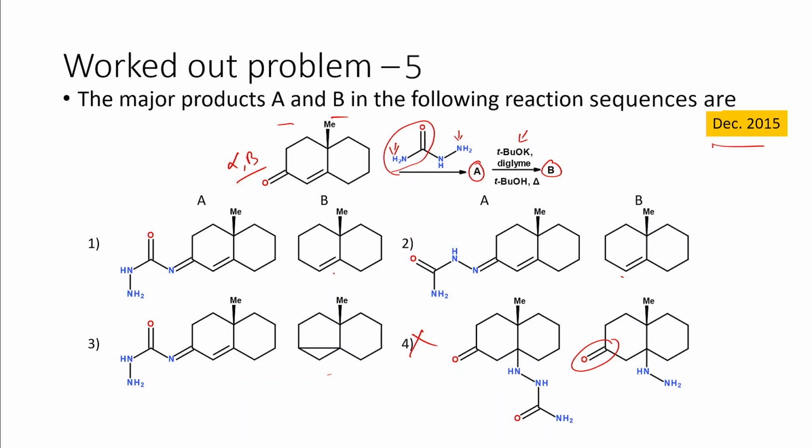Now we are only left with the 3 possibilities, and out of the 3, what we can further eliminate is by looking at whether the reaction has occurred at the amide nitrogen or at the amino nitrogen. In the first case, this is the amide nitrogen, so this is ruled out. In the second case, again, this is also the amide nitrogen, so that is also ruled out.